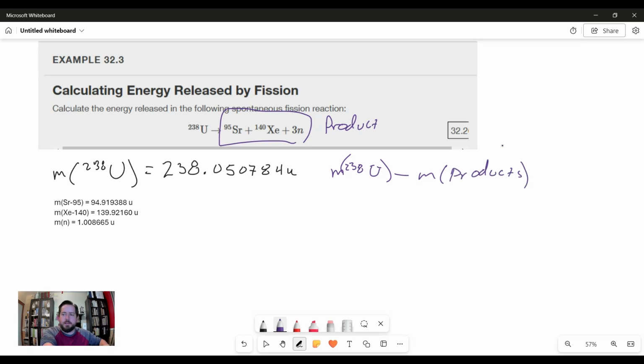I didn't write it all down here, but I did write the result. You would take the mass of the uranium, subtract off 94.919388 U, then subtract off 139.92160 U, and then multiply the neutron mass by 3 because there are 3 neutrons, and subtract that off.